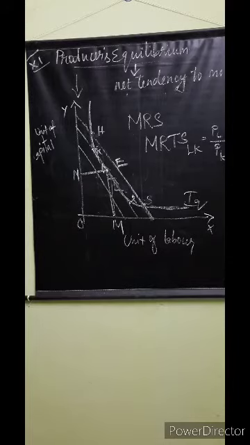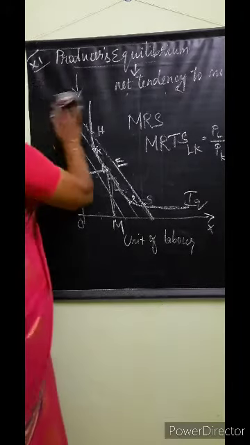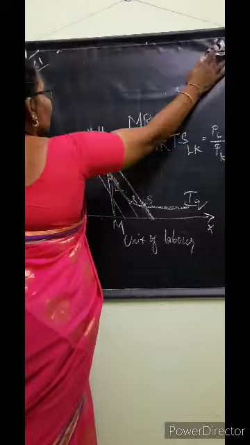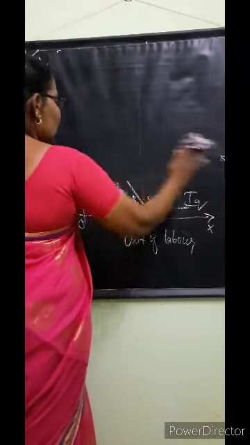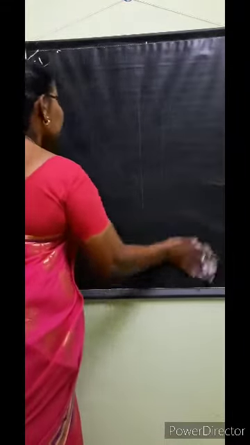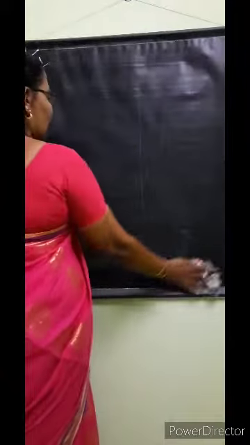Then we are going to see the Cobb-Douglas production function. The famous economists Cobb and Douglas have given a production function theory. The theory is considered to be the very famous theory of Cobb-Douglas production function.